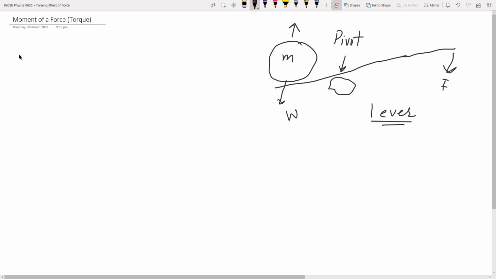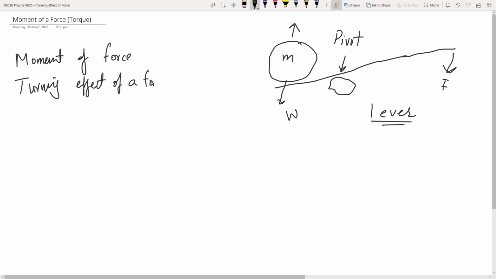Okay, so what is moment? Moment of a force, also known as the turning effect of a force. I simply use the term torque, and this is the most universally acceptable term, because in terms of science, this is a term that you will come across.